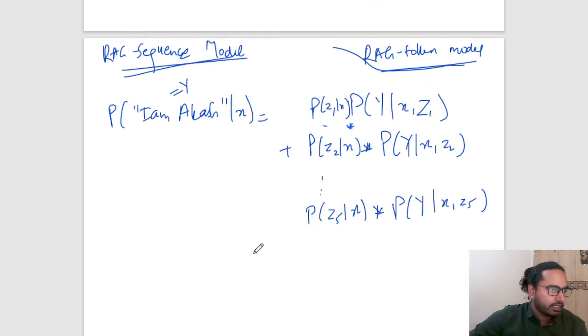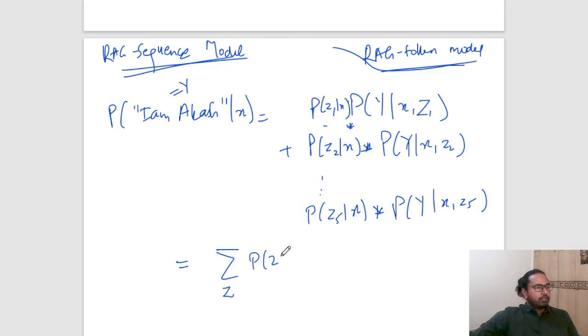If we try to write this mathematically, this is nothing but the original QA formulation that we have been using till now, which is the summation over z of probability of z given x times probability of capital Y given x comma z. I'm using capital Y here, but we'll generalize it soon.